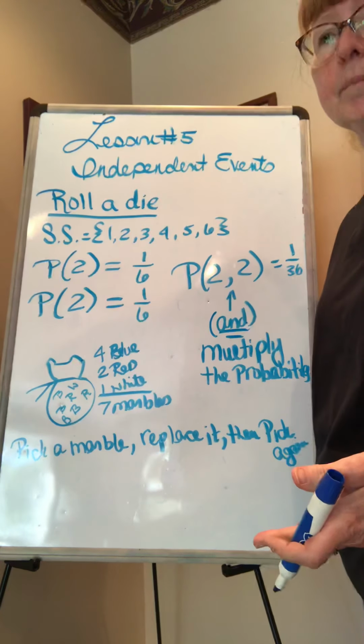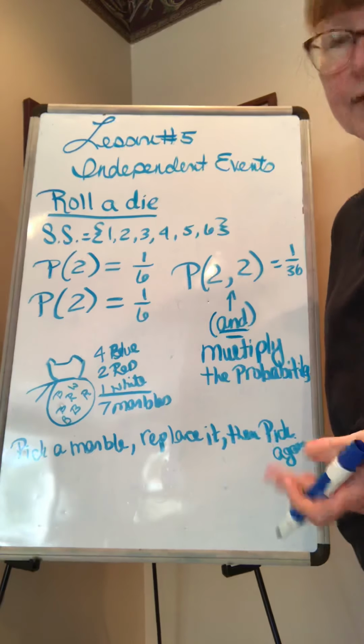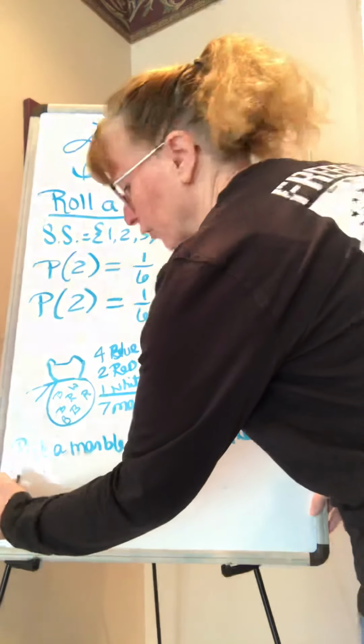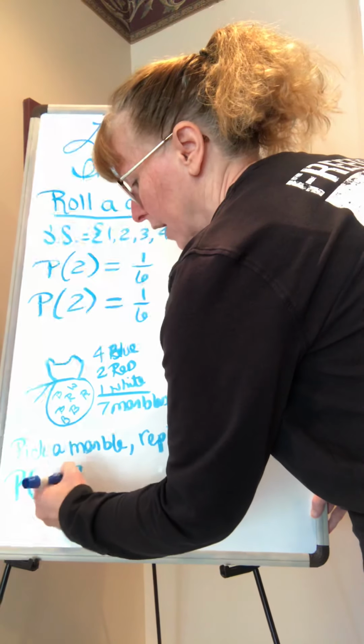It's independent because marbles, again, just like a die, don't talk to one another. So if I ask you, what is the probability that you picked a white marble and then a red marble?